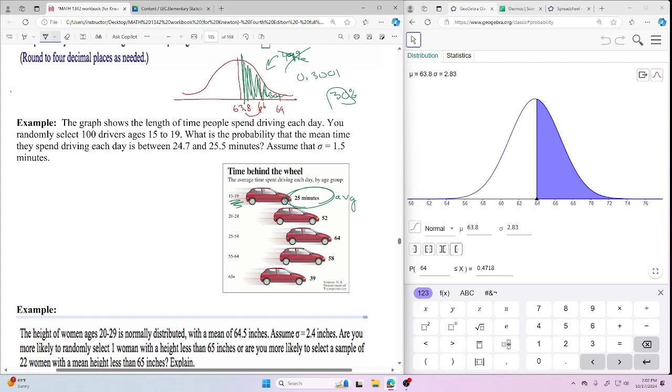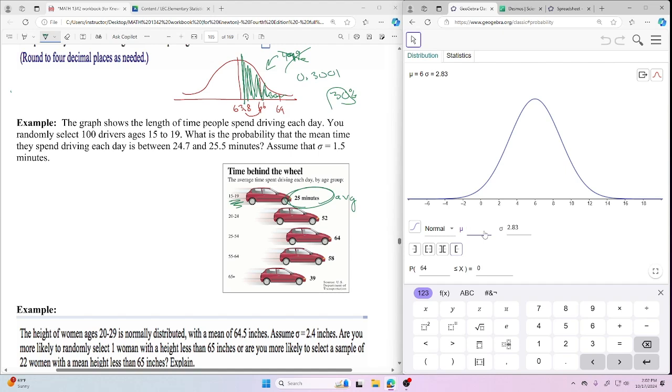Let's put all these numbers in. Let's see if we can do this. Every number needs to go in here somehow. What goes in my mean box? Yep, 25. Okay, what goes in my standard deviation box? Very good, 1.5 divided by square root of the 100.